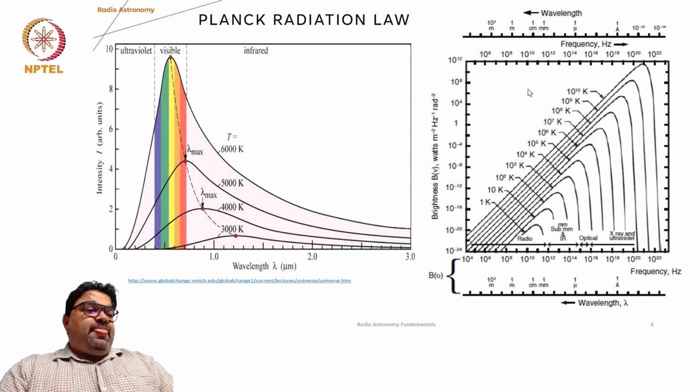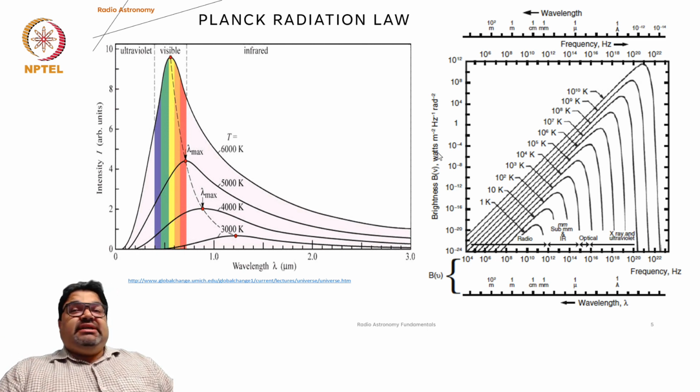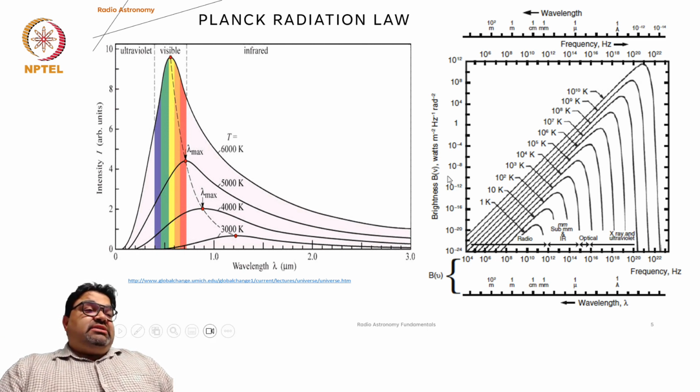If you plot this, look at the right hand side curve first. If you look at the brightness, the B nu, in units of watts per meter square per hertz per radian square, you see that this is a continuous curve as a function of different frequency.